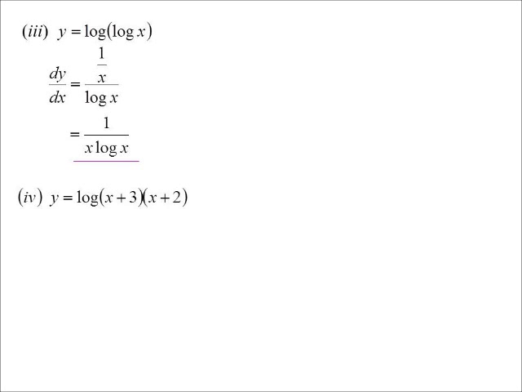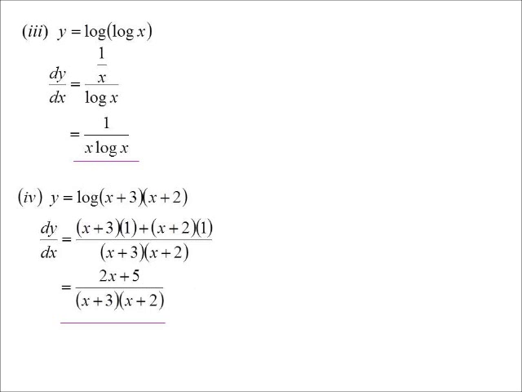Something like this. Log of x plus 3 times x plus 2. Okay. The derivative, now on the top I've got to use a product rule, so write down the first, diff the second, plus write down the second, diff the first, over the original function, which is x plus 3, x plus 2. Tidying up the top, I get 2x plus 5 on x plus 3, x plus 2.